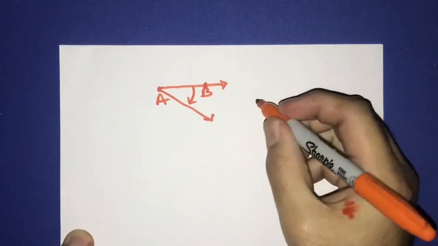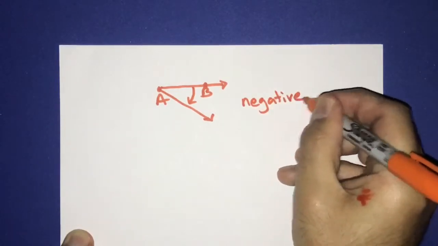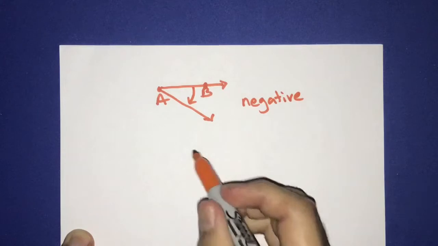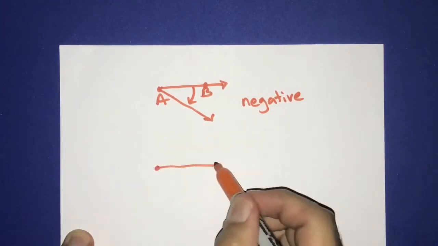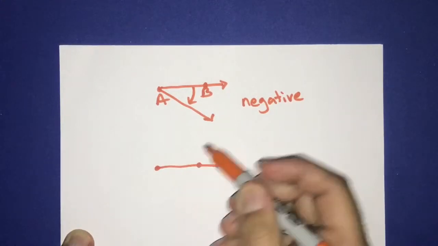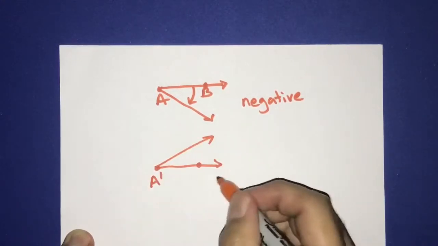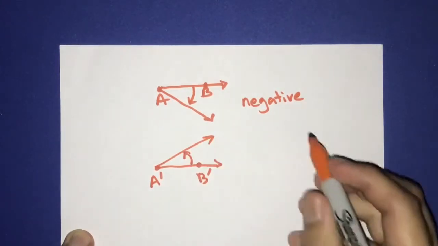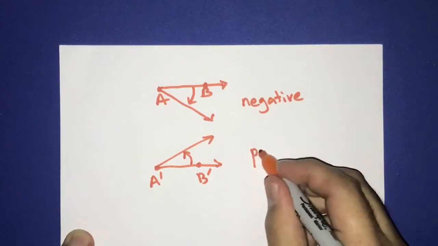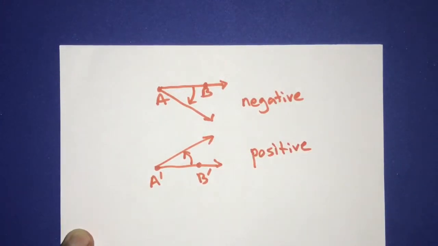This is going to correspond, like we said, to a negative measure. And if we chose to measure counterclockwise, we'll call this one A prime, B prime. And if we measure counterclockwise, it's going to be a positive measure of angle. Okay.